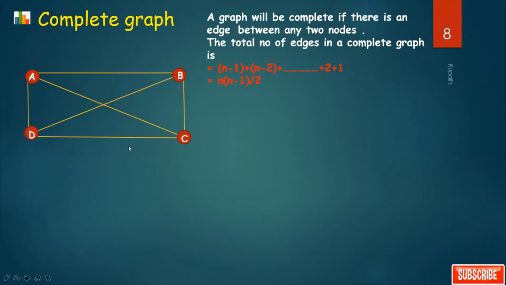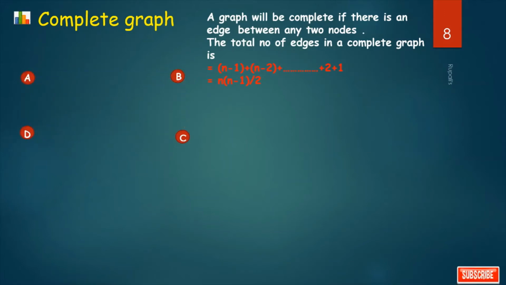Now I want to calculate the total number of edges in a complete graph. See, these are the vertices of our graph. So there should be one connection from A to B, A to C and A to D to make it complete.